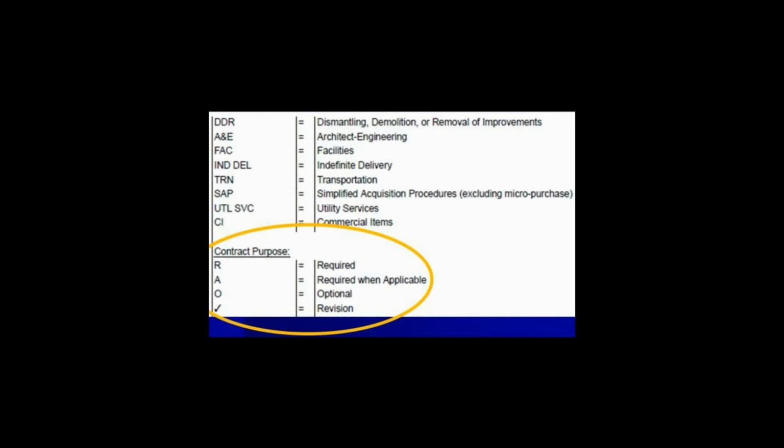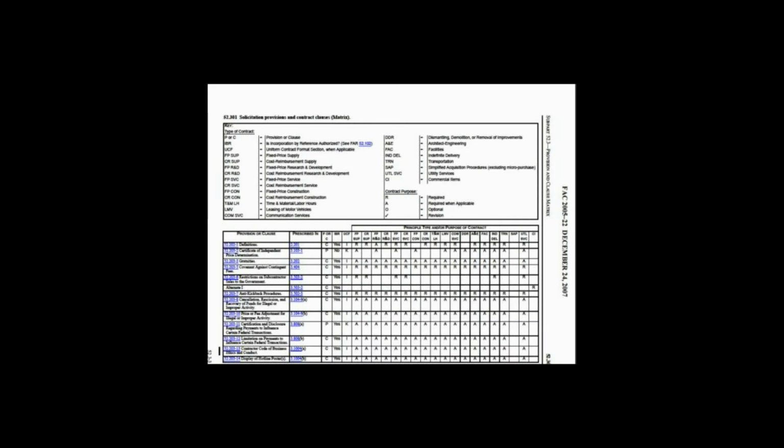When applicable really means if it is applicable to your contract, then it is required. So the R and the A are very similar, except that the A has some sort of test that has to be run to see if it is required. And optional just means optional, and oftentimes that's totally at the option of the contracting officer. So those are the ones we just went through. Practice that a little bit.